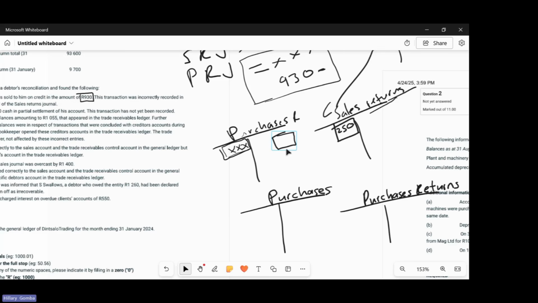Which side on the purchases T account do we record these purchases? Isn't it the credit side? Why do you say credit? You said I must take a guess. Obviously when you take a guess, at least you must have a reason to say, I took this guess because I think this. Okay, so she says the credit side. What about everyone else?